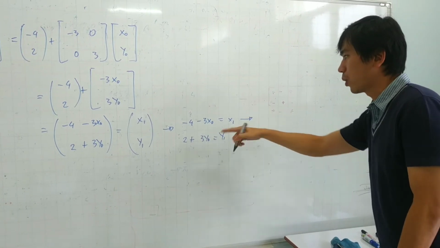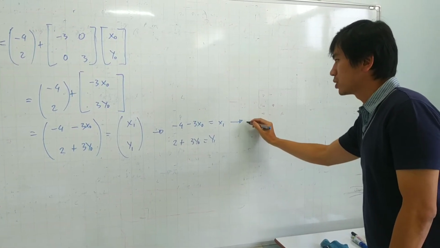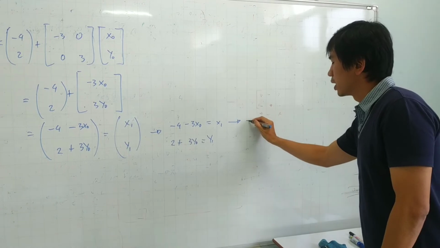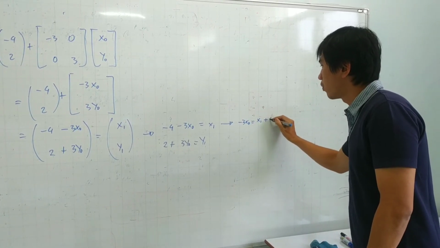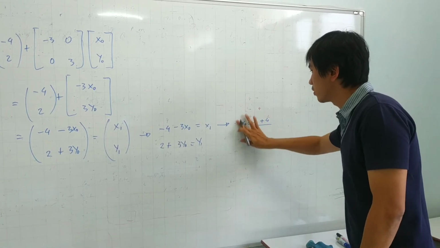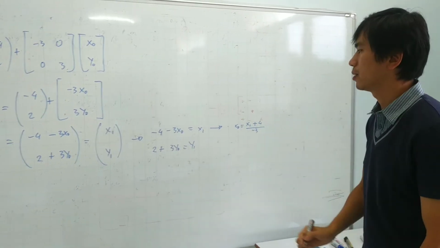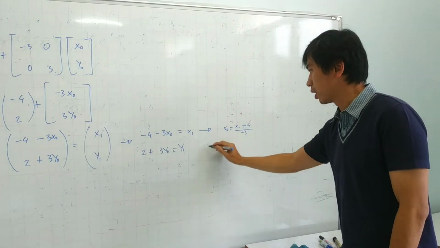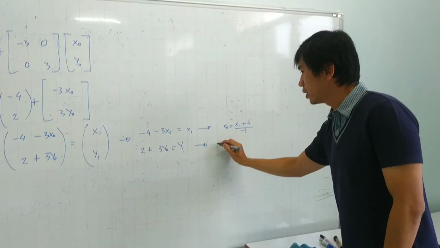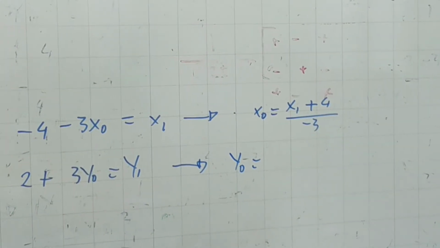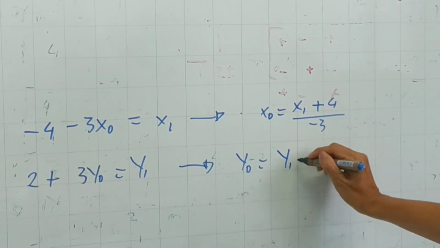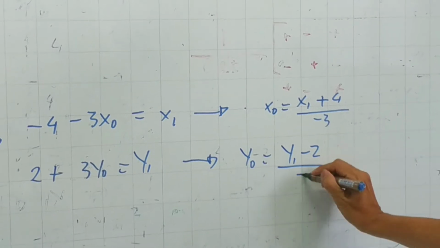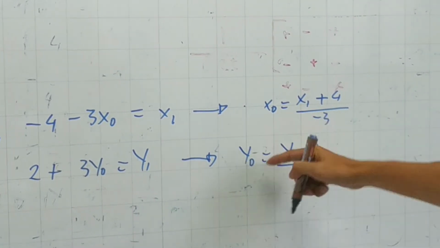So negative 3xo equal with x1 plus 4, divide by negative 3. Yeah. So I hope that we can come to this point. And then yo will be equal with y1, subtract 2 on both sides, and then divide by 3. This is how you get xo and yo.